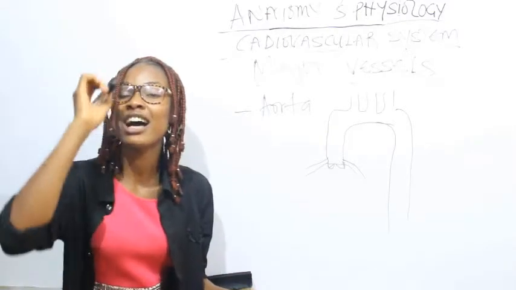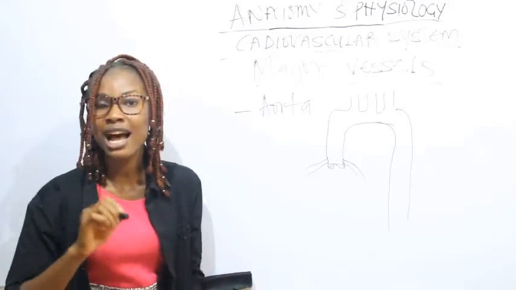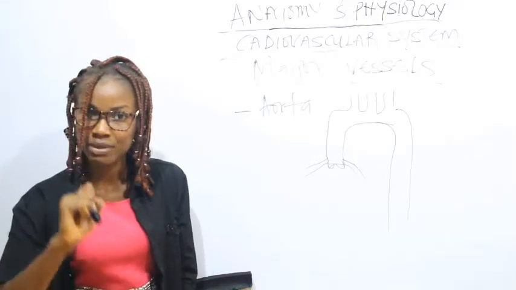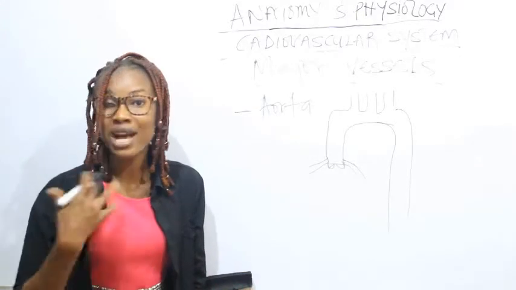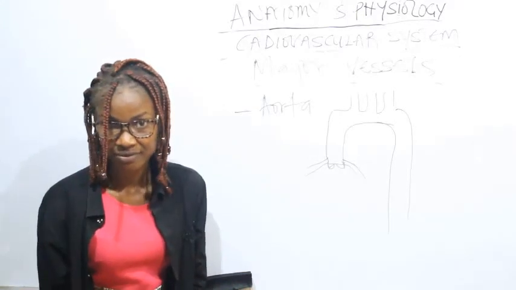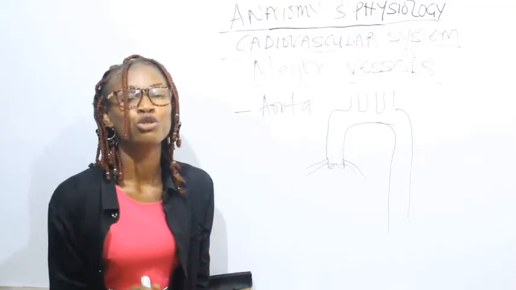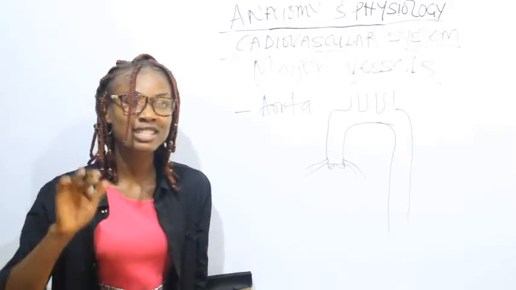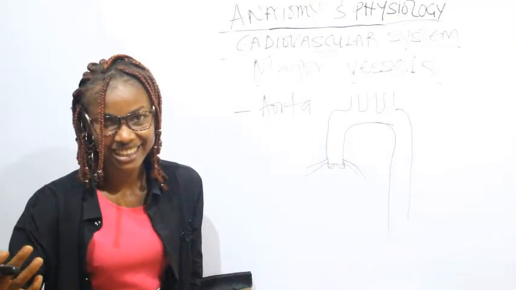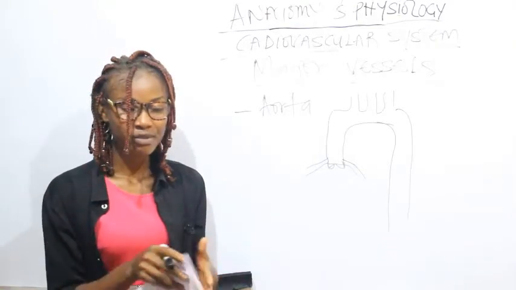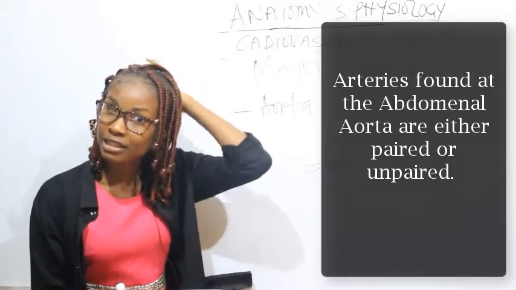The oesophageal artery supplies the esophagus, and the intercostal artery supplies the ribs and the tissues of the thoracic cavity. I want to believe you, my friend, should be able to identify arteries at the thoracic level, at the thoracic cavity. Okay. So, let's look at the abdominal aorta.